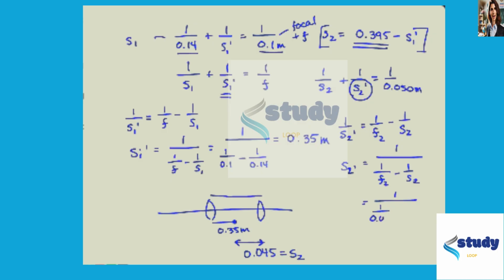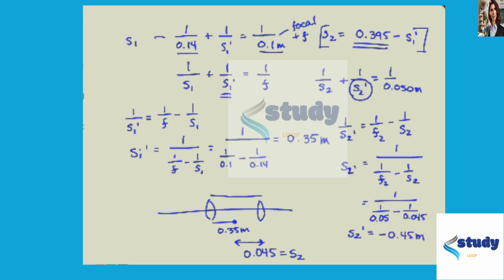Again, the focal length for the second lens was 0.05. And then we're doing minus 1 over 0.045. And then 1 over that gets us an S2 prime of negative 0.45 meters.